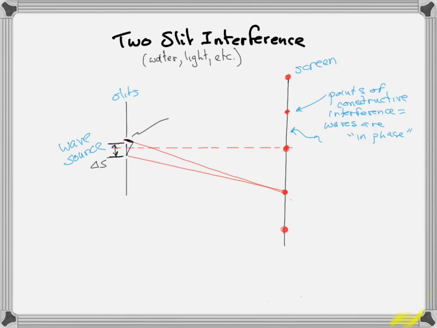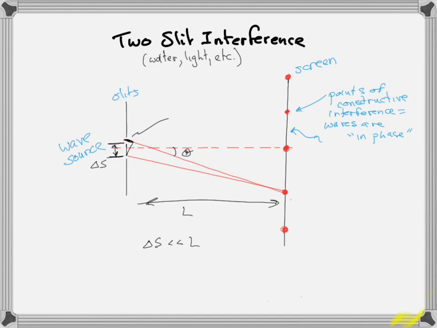the angle of either of these lines, now here's where we make an approximation, relative to the center axis is theta. We're making an approximation now that delta S is small compared to L. If delta S is small compared to L, therefore the angle theta made by either of those lines is approximately the same, and this approximation is a good approximation.